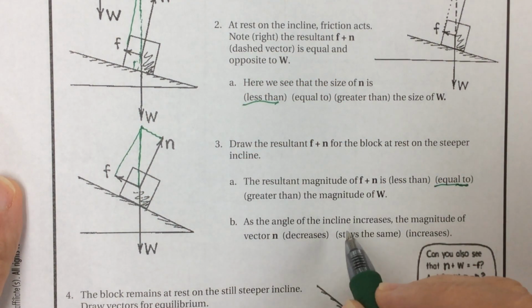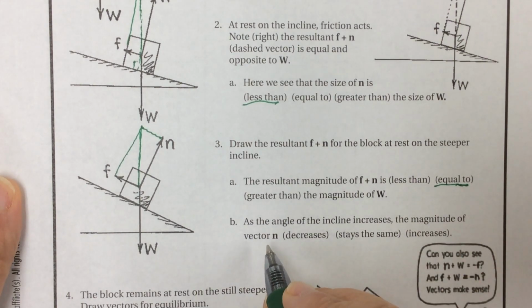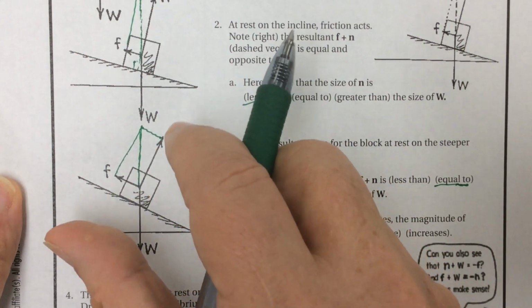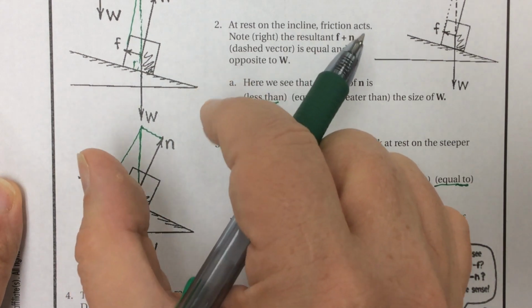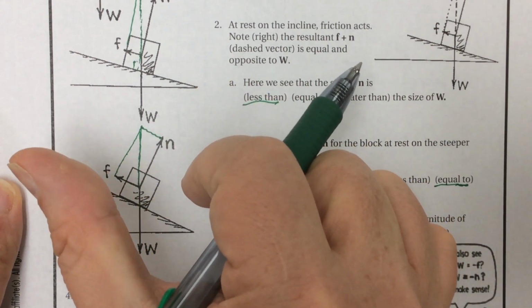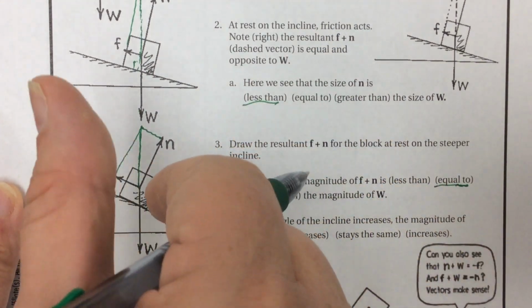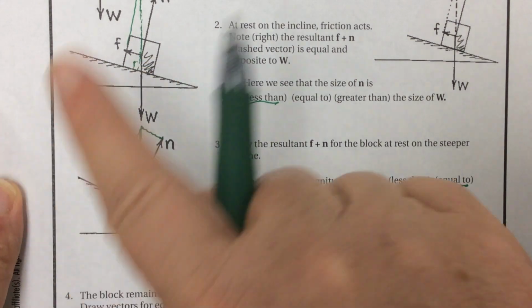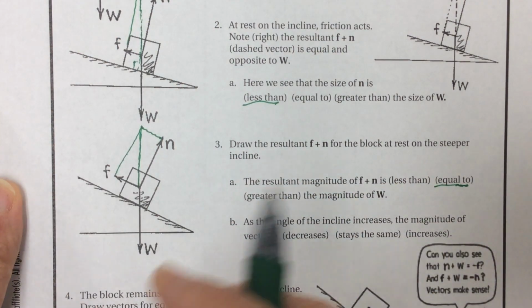As the angle of the incline increases, the magnitude of N does what? Okay, so the more this is steep, what's going to happen? N's going to shrink and F's going to get bigger and bigger. Eventually, N will go completely to 0 if you make it a completely 90 degree angle.